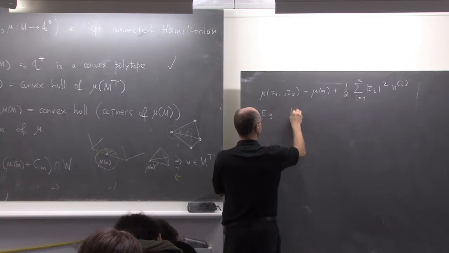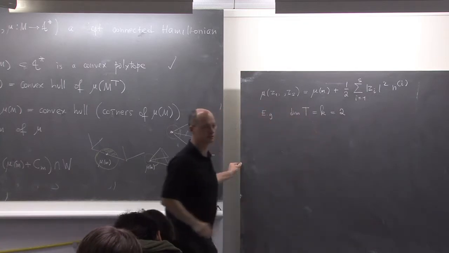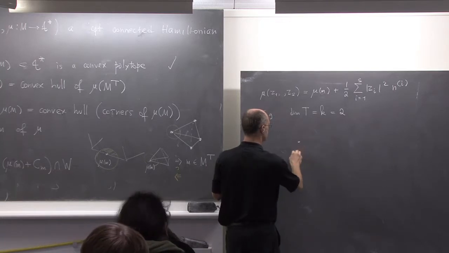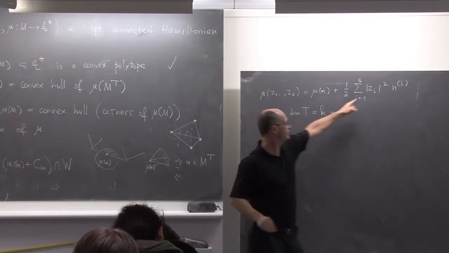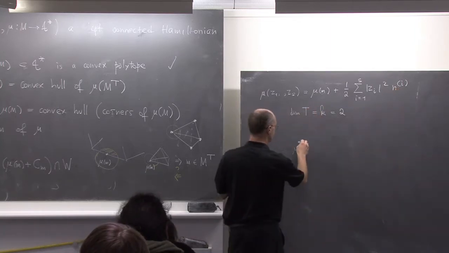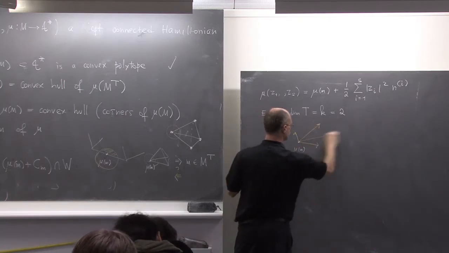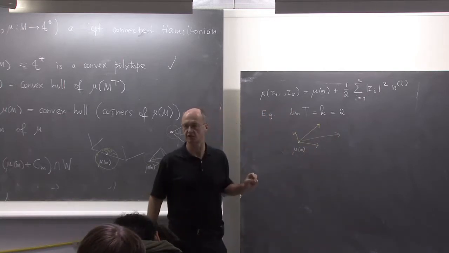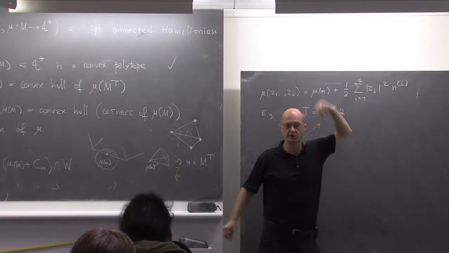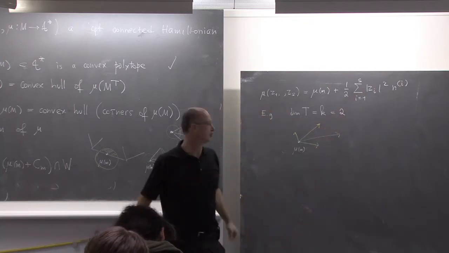So let me just give you an example in dimension 2, how it may look like. So suppose that's our mu of m, and of course the image will depend on those weight vectors, right? So imagine the weight vectors look like that, for instance. Recall that here you may need a lot of those weight vectors, right? So the number of weight vectors, that's half of the dimension of our manifold.